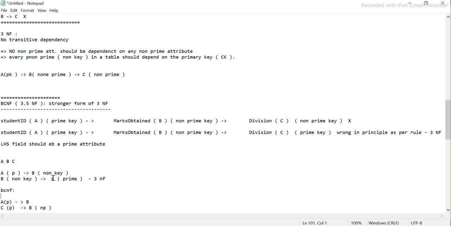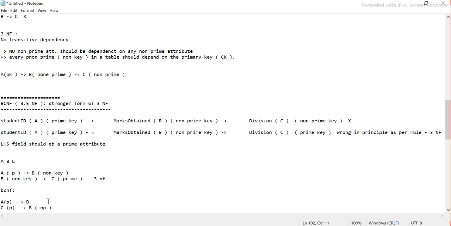But if you look here, the arrow is the other way around. The arrow is on B, which means that prime column C is dependent on B. This is allowed in 3NF, but BCNF does not allow this. It says that the arrow should be the other way around, like this. So this is BCNF.